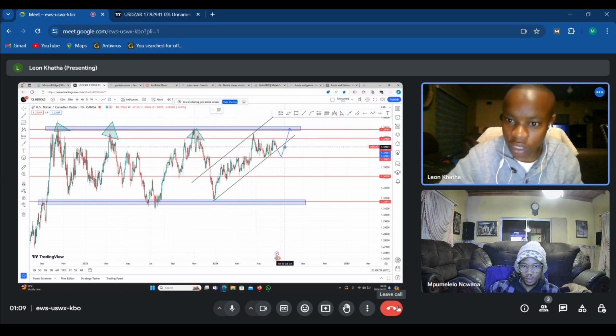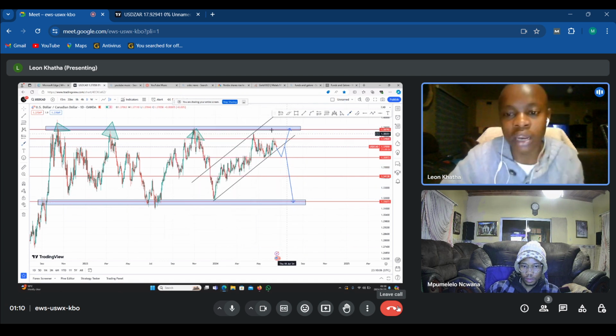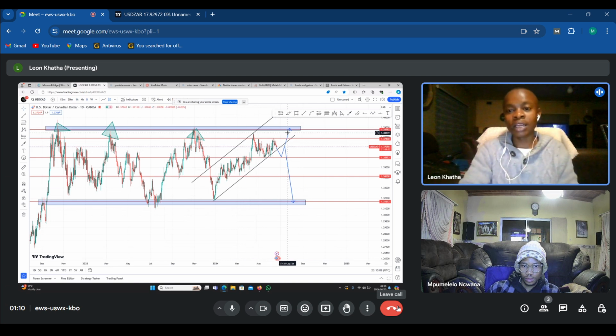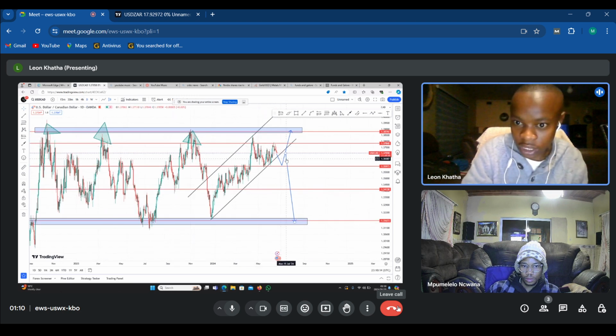Or we'll have the market breaking out and then going down, coming to this level of support, our floor. Because here we are at the resistance level, where the market tends to reverse a lot. Let me just delete this to block out a lot of noise.